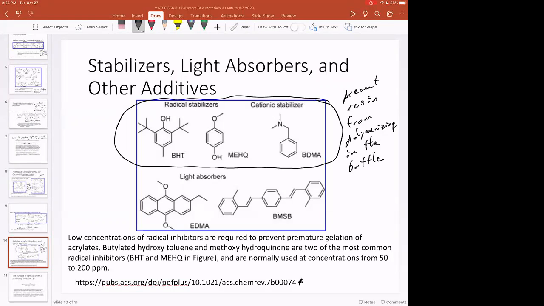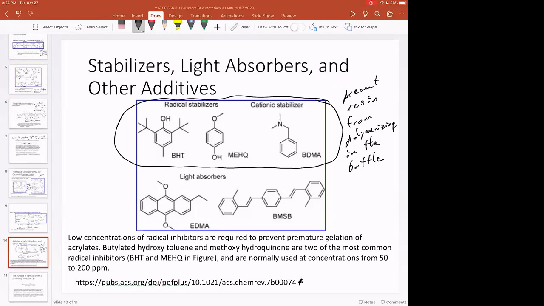But time will also do the same thing, or stray light will also do the same thing. And so lots of times there will be radical stabilizers or cationic stabilizers added to the resin to stop unwanted polymerization. Now, if you add too much of this stuff, of course, it will stop the photopolymerization as well, which is not good. But these act like a preservative. So BHT is used as a preservative in lots of different areas.